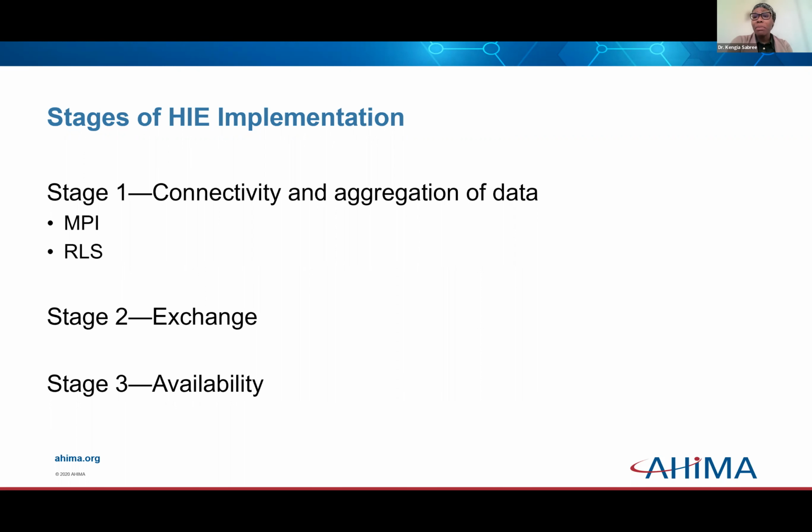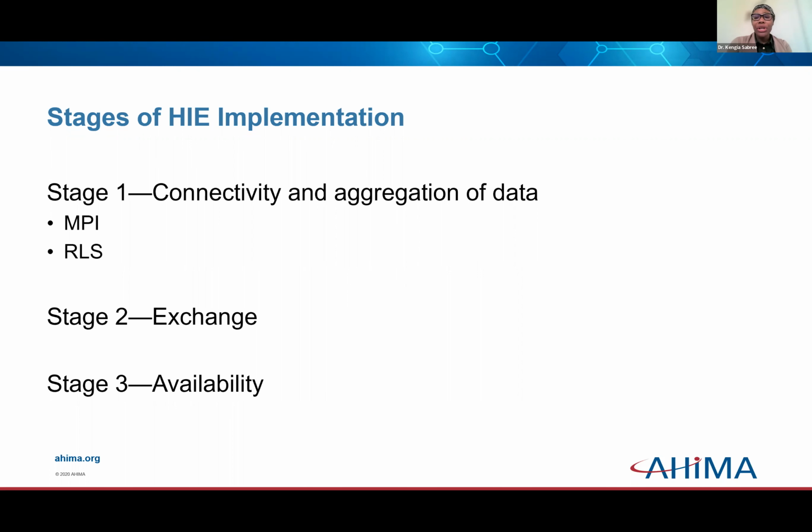Okay, so your stage 2 of implementation will initiate the exchange of clinical data, such as your lab, your radiology reports, your medications, your CCDs, your discharge summary, your physician notes, and more. And then you have your HL7, right? And your clinical documentation architecture, your CDA, and that's used as a standard for document exchange.